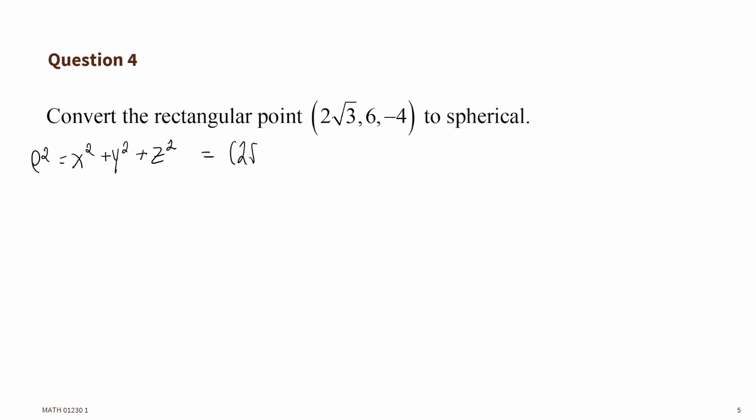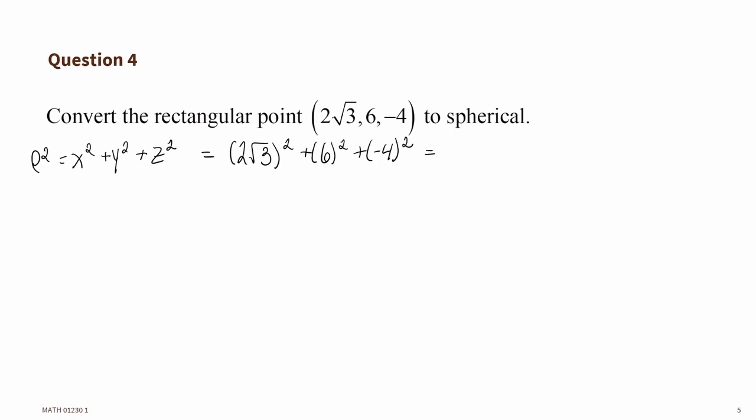So we're going to have 2 root 3 squared. What is 2 root 3 squared? 12. Add that to 6 squared.